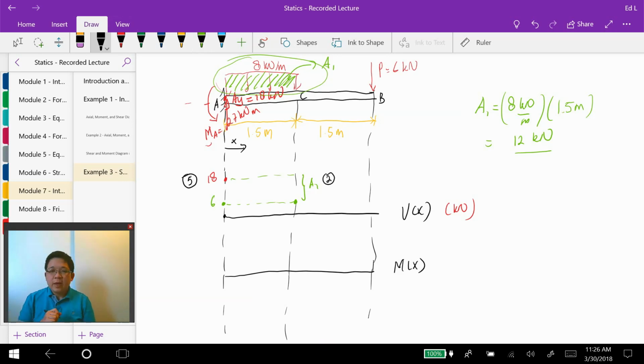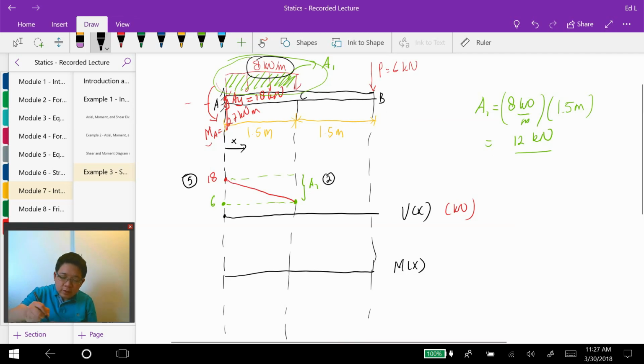And then by rule number 1, which states that the slope of the shear diagram is equal to the negative of the ordinate of the distributed force, in here the distributed force is 8 kilonewton per meter, so the slope is going to be negative 8. Negative means that it has to go downward linearly with a constant slope, which is negative 8.